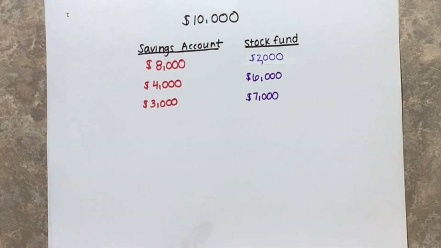Now, I just made up these numbers. We don't actually know how much Max is invested in the savings account or in the stock fund. So we said that X represents the amount Max is investing in the savings account. If Max invests X in the savings account, how much is left over for him to invest in the stock fund? Well, let's look back here.